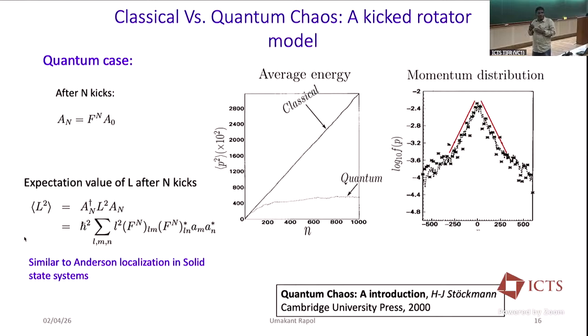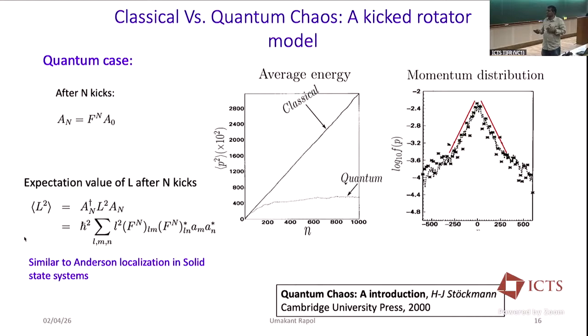And if you look at all the momentum states that the system is going through, you will see that in momentum space, the system gets localized, meaning there is no more growth of energy, and the system interferes in such a manner that it gets localized.